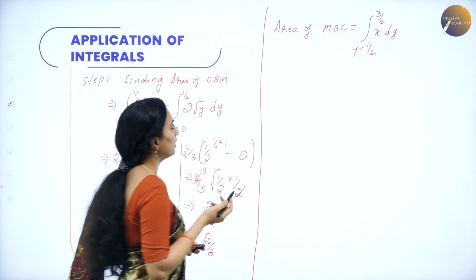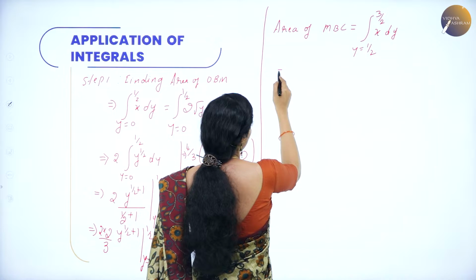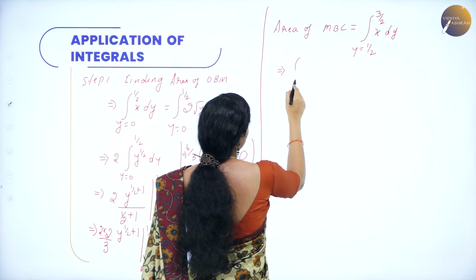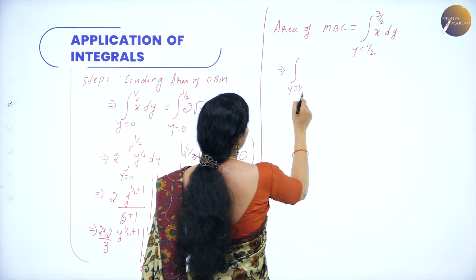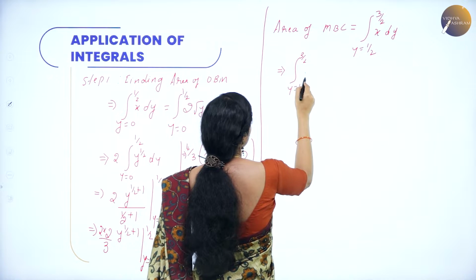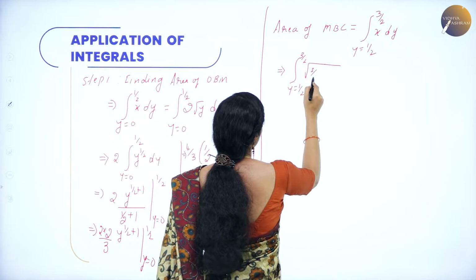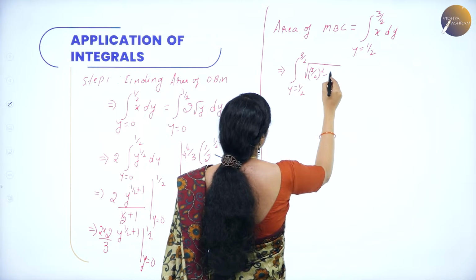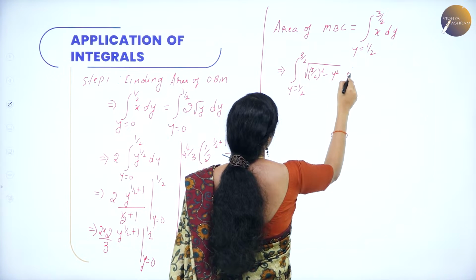That is what I am substituting here. So you can have y varying from 1 by 2 to 3 by 2, under the root of 3 by 2 whole squared minus y squared into dy.